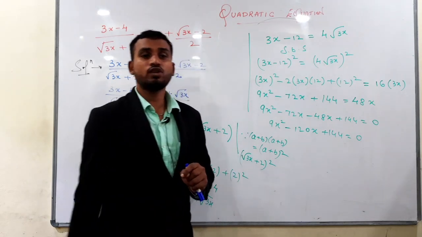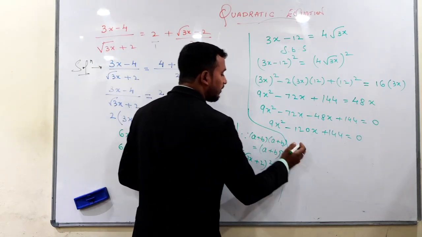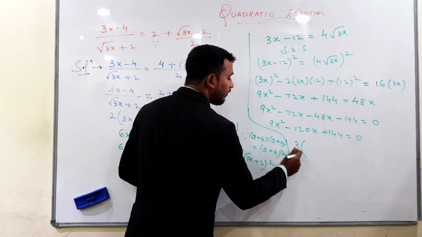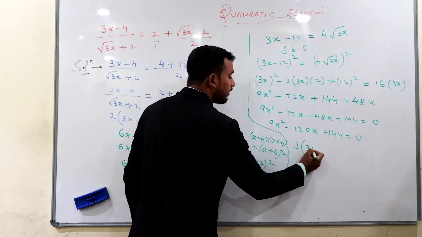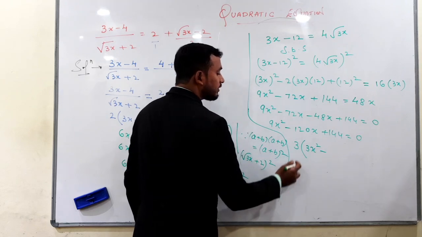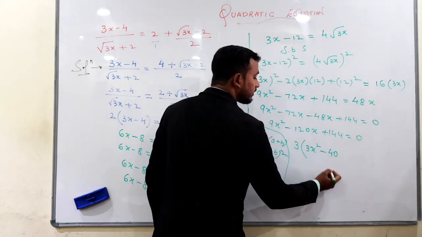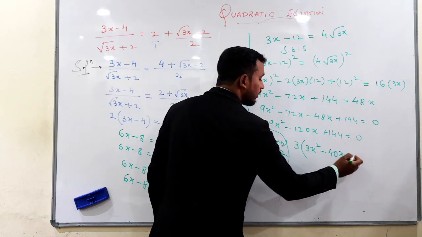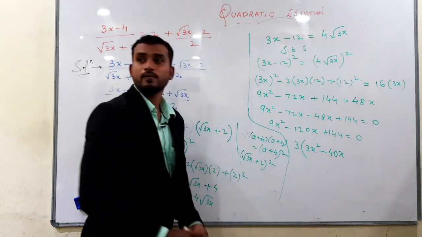Shall we remove 3 as common factor? If you take 3 as common, 3 3s are 9 x square minus 3 4s are 12 x, that is 0 as it is.